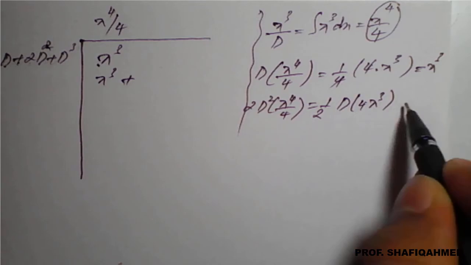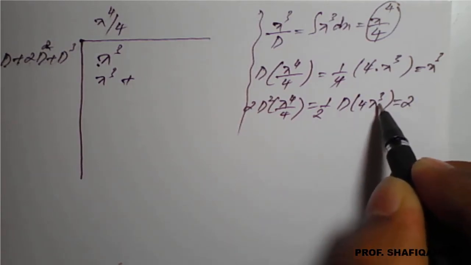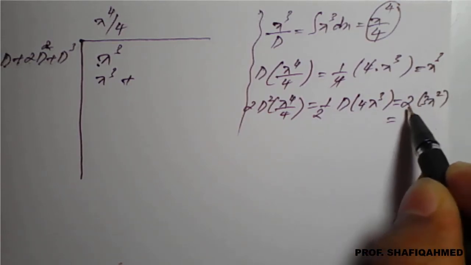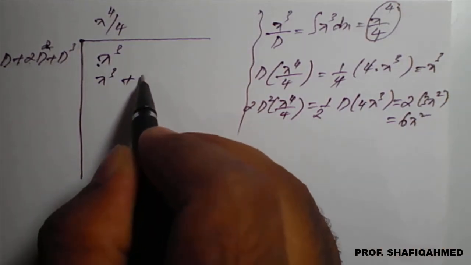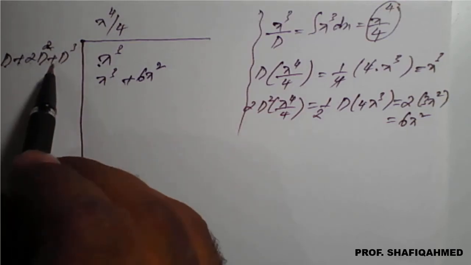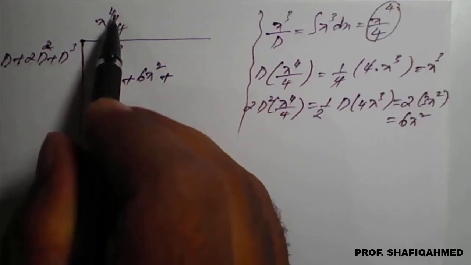So this 4 and 2 cancel, and we got here 2. Again differentiation of x cube is 3x square, so we are going to get 3 twos are 6 into x square. So plus 6x square. Then plus into plus is plus, d cube of this x raised to 4 upon 4.